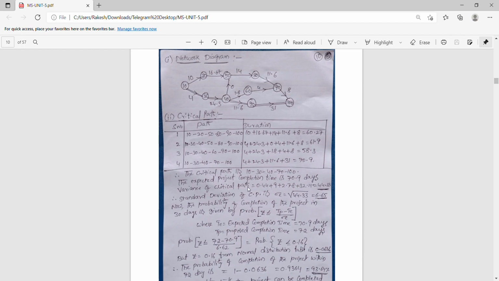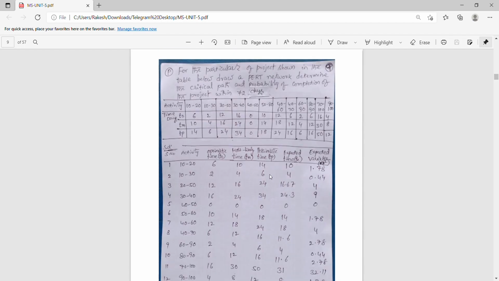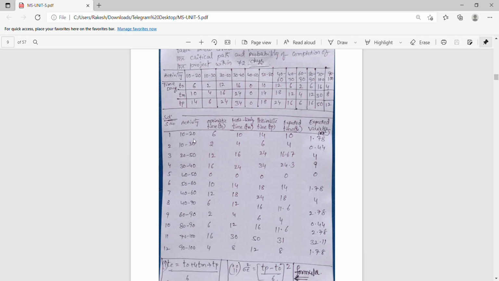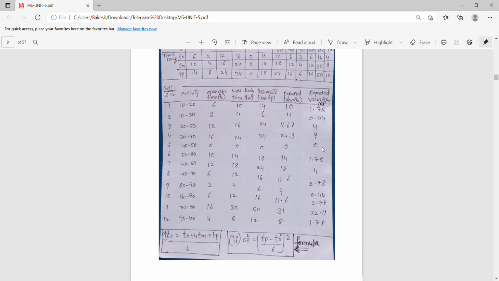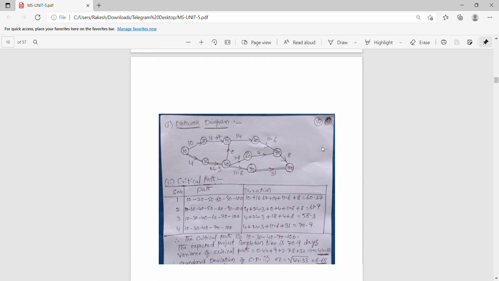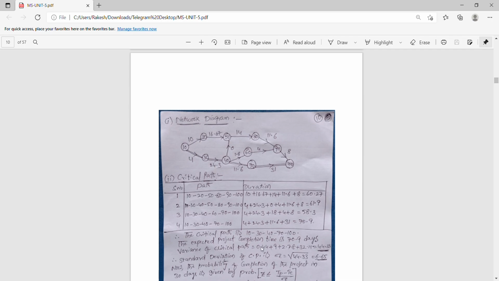And the variance of the critical path. Here we have 10 to 30, 30 to 40. These all we calculated above. While calculating variance, first we have 10 to 30, which is 0.44.